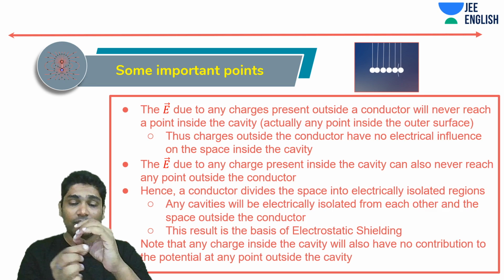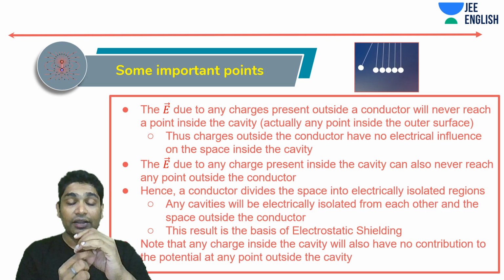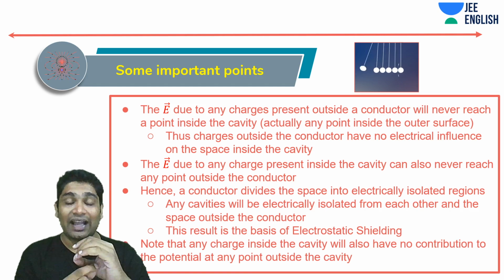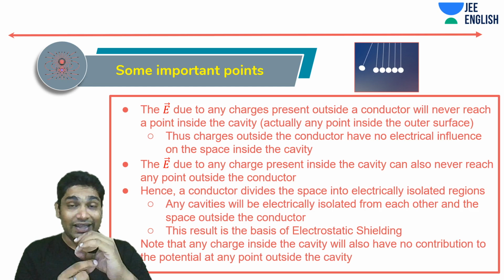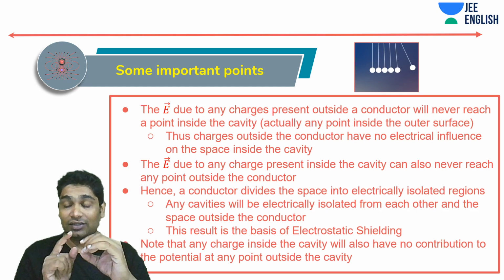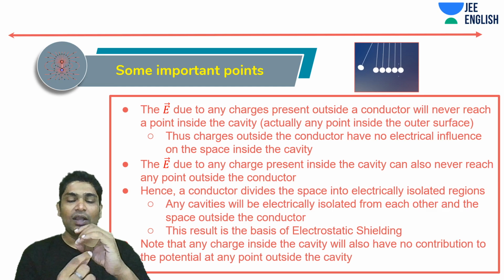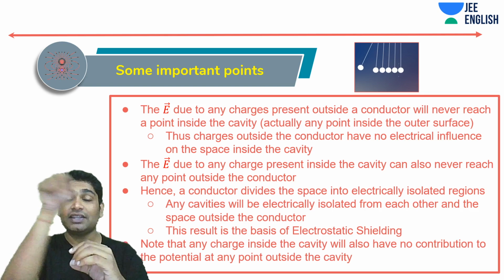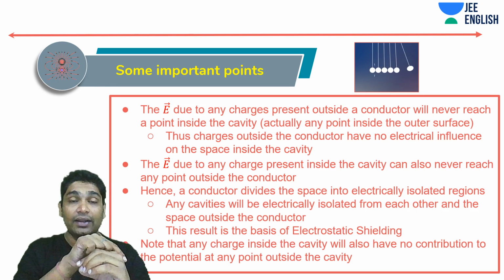Now, what happens when I place a charge of plus Q here, let's say, for the sake of simplicity, in the center of the cavity? Now, should this influence the potential outside? The answer is no. Why? Because when you place this charge, let's say plus Q2 here, a minus Q2 appears on the inner wall. The net charge on the outer surface is changing, right?